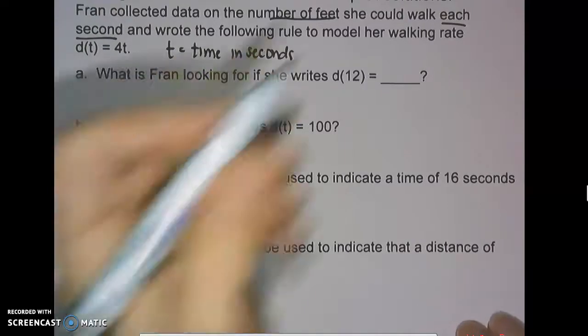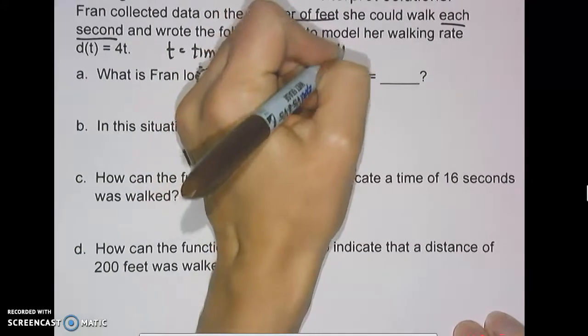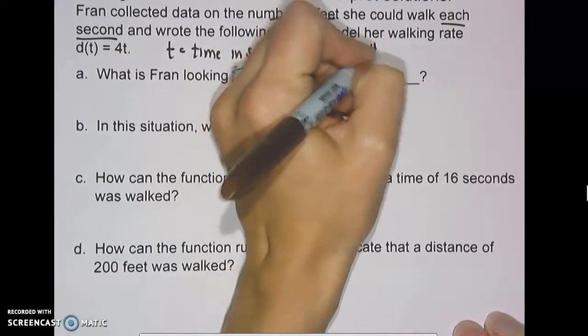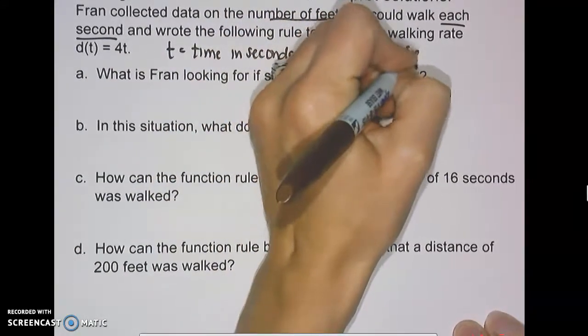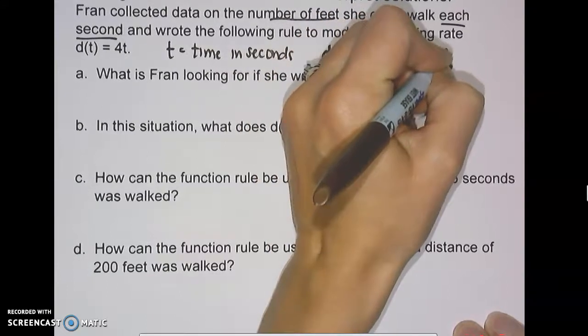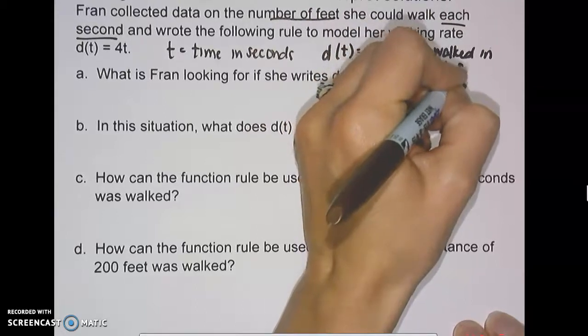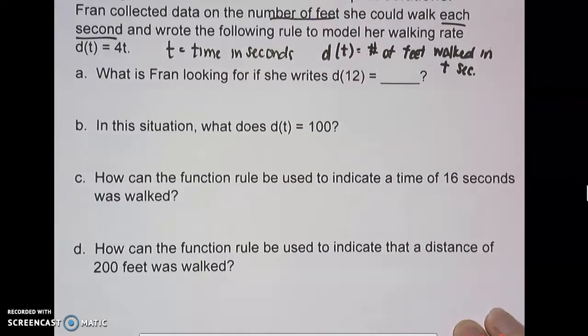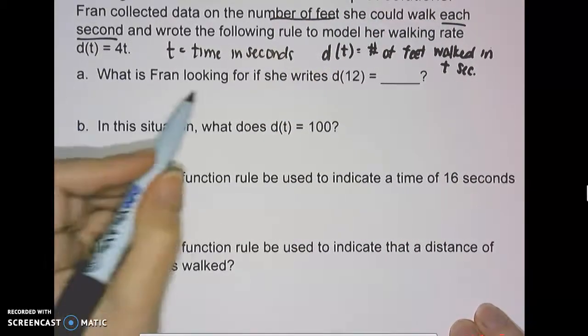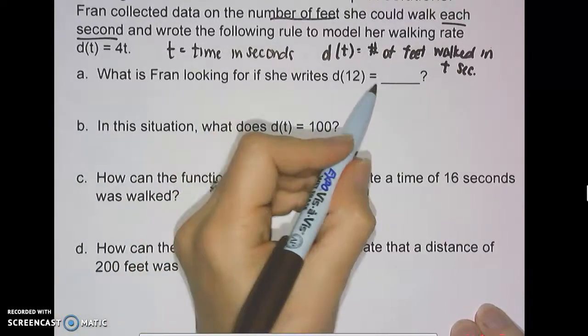Okay, so d of t equals number of feet walked in t seconds.